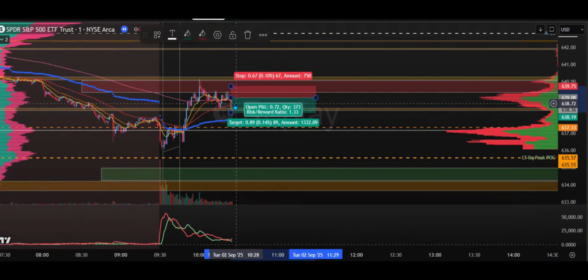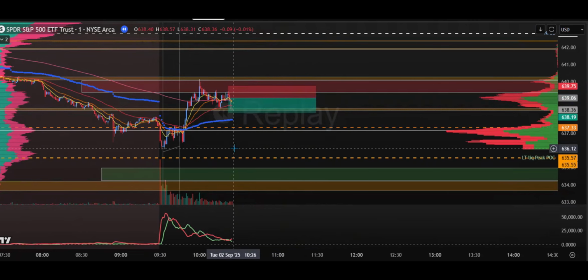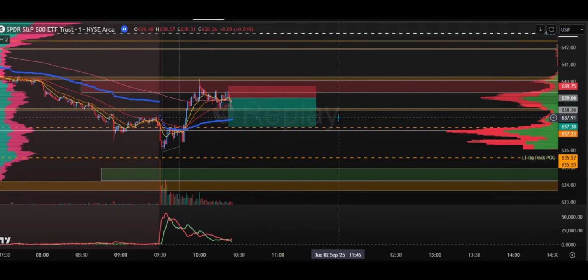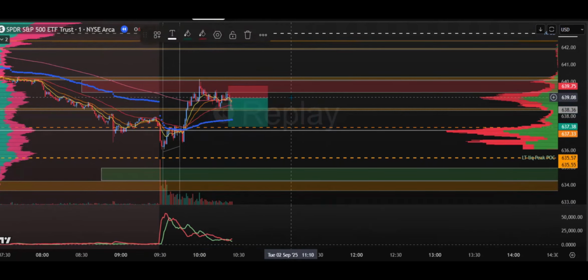My stop loss was above the recent high, and I was targeting the point of control right there from that first peak that we were looking at as a target. And let's just see how this panned out.